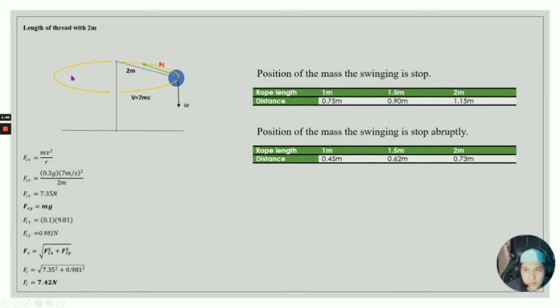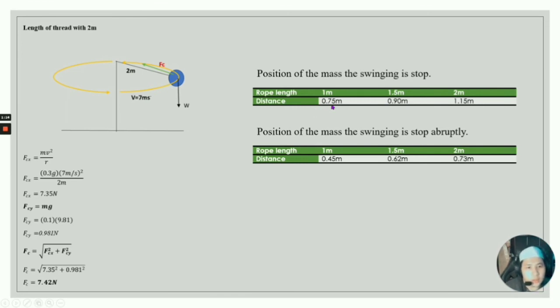Same with the string of 2 meter, same calculation. For FCX we get 7.35 Newton, and FCY is 0.981. So FC we get 7.42 Newton. This is the position of the mass when the swinging is stopped.